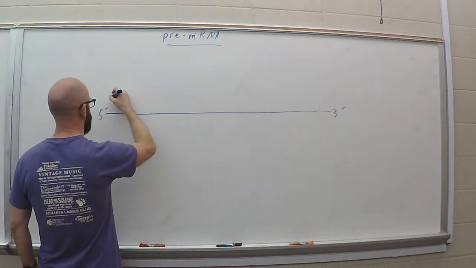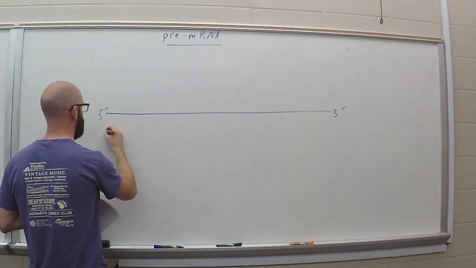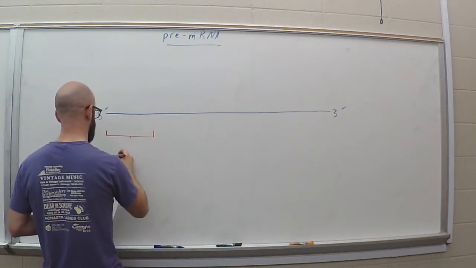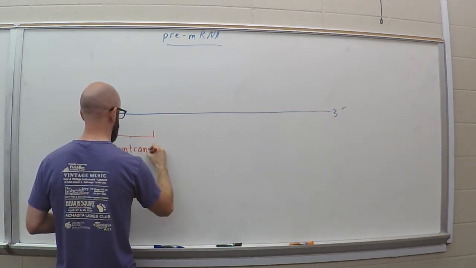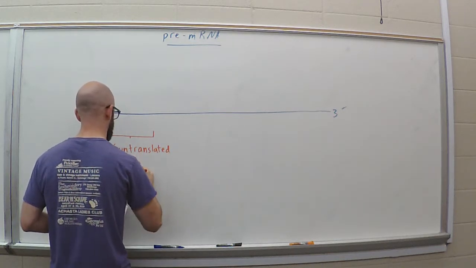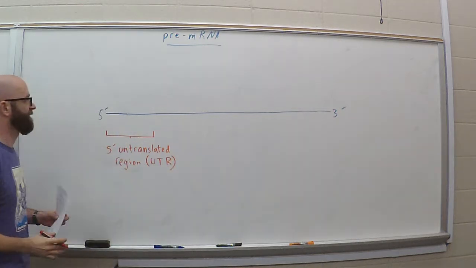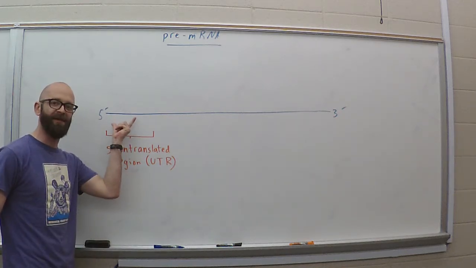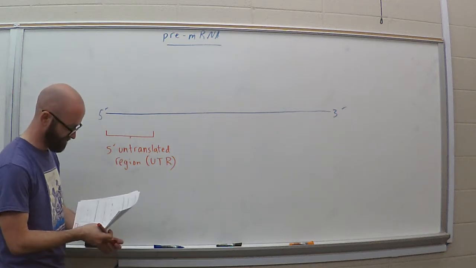There is a region, I'll label it in red, right here on the 5' end called the 5' untranslated region, or UTR. All right, this, just like the name would imply, is the region at the 5' end of the mRNA that doesn't get translated. It's the untranslated region.